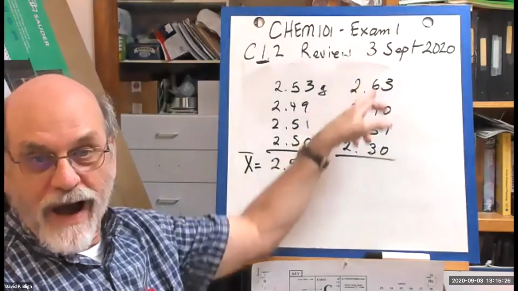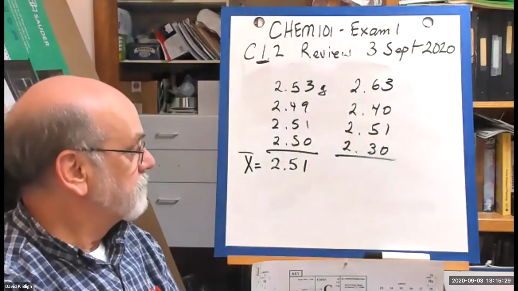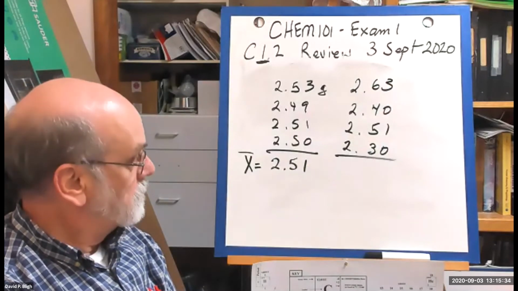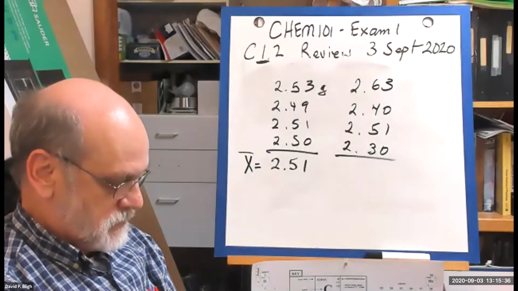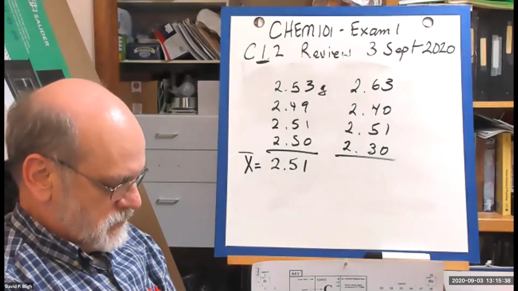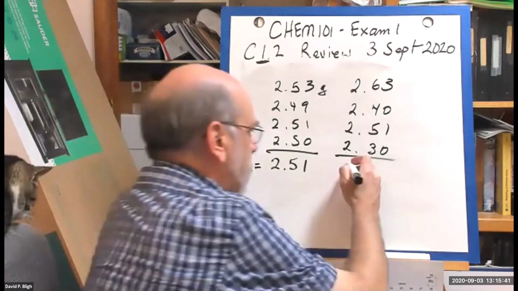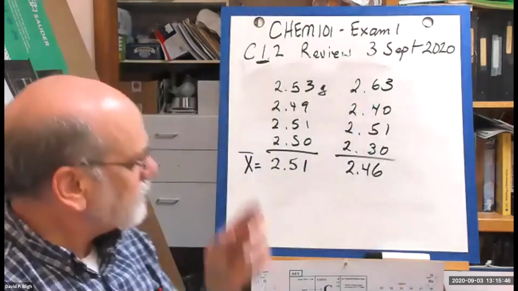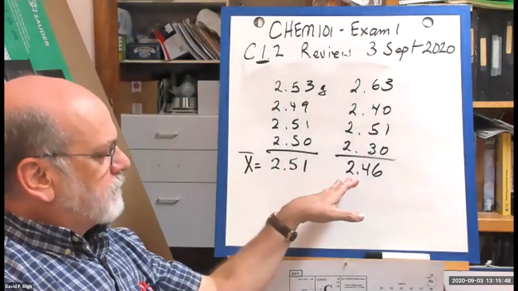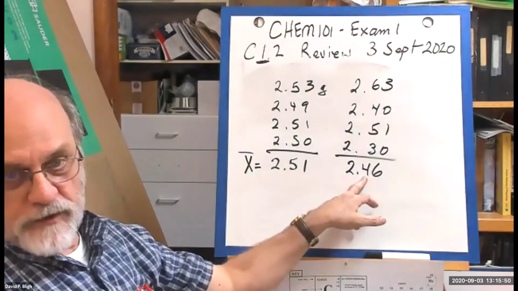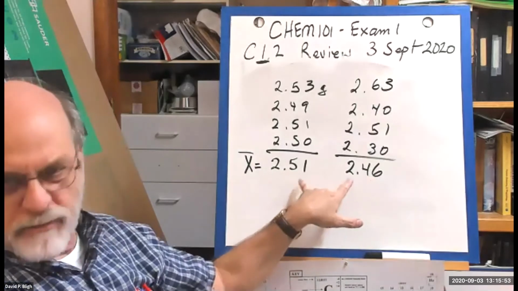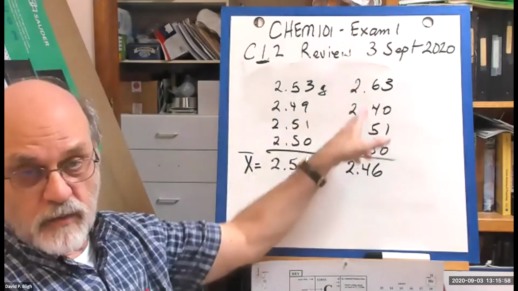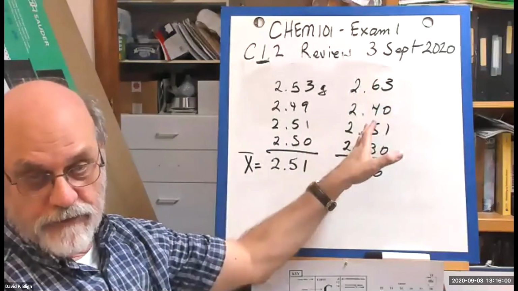You have a wider scatter, okay? So the average of this one is 2.46. So they're pretty close together, not too far apart. But the precision of this one is way, way off.